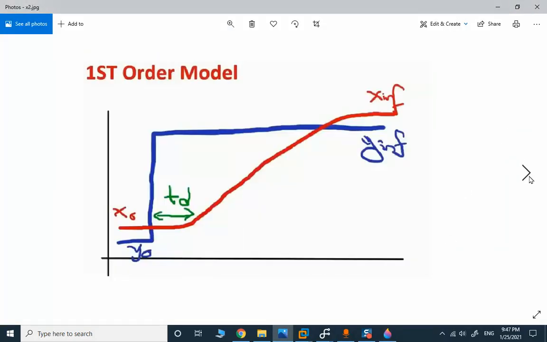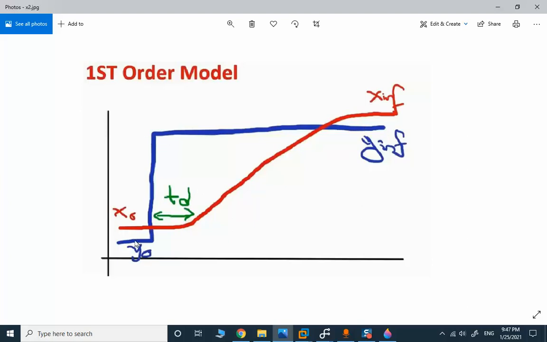The first order process model's transfer function is somehow like this, and these are the values that are required for our data gathering step. The blue curve is the action on the control valve.